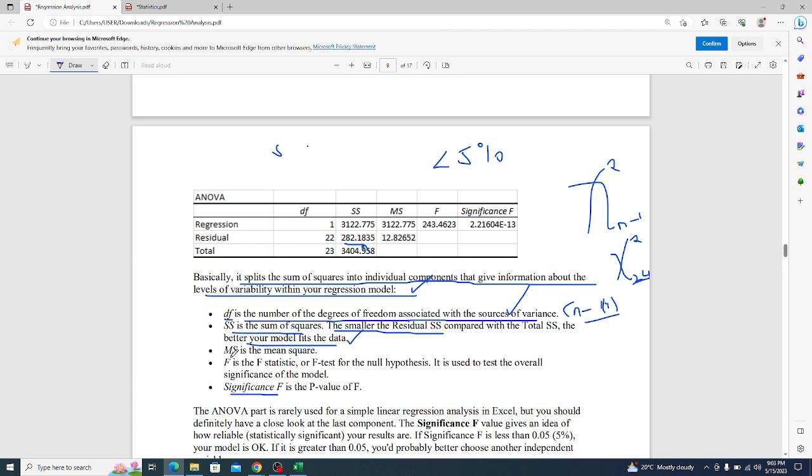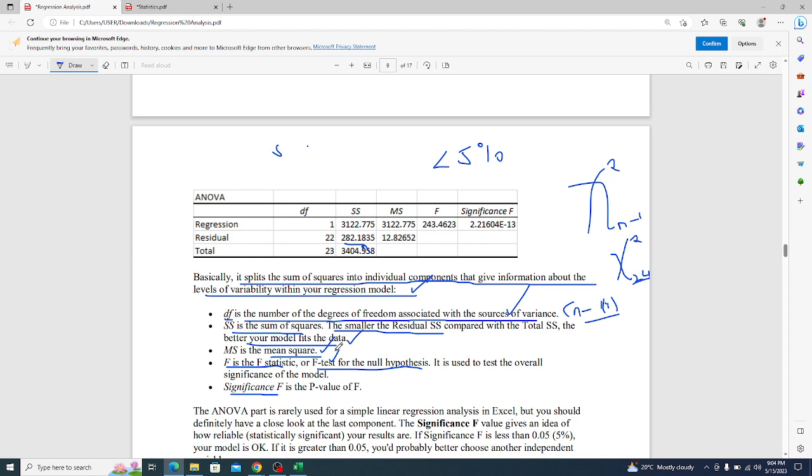Then we have the mean square, which is so basic. Then we have the F statistic, which we've said is an F test for the null hypothesis. I won't discuss the F statistic and the student T distribution.